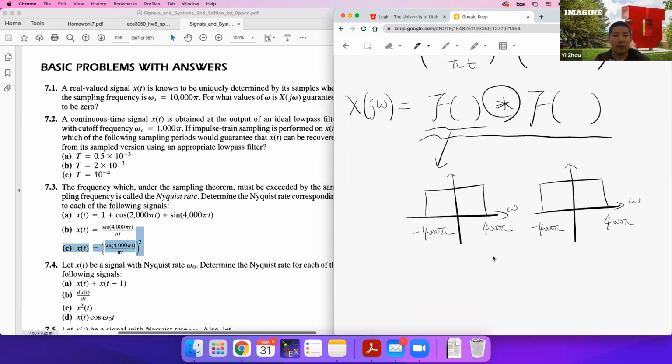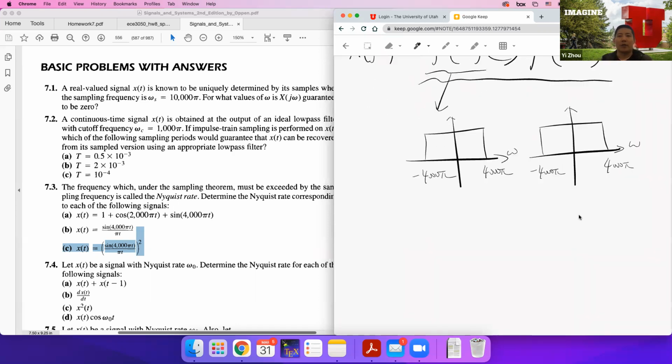It's the same thing as if you have 2 rectangle signals and you perform convolution in the time domain; you can view these as signals in the frequency domain. So it's basically a convolution between 2 rectangle functions.